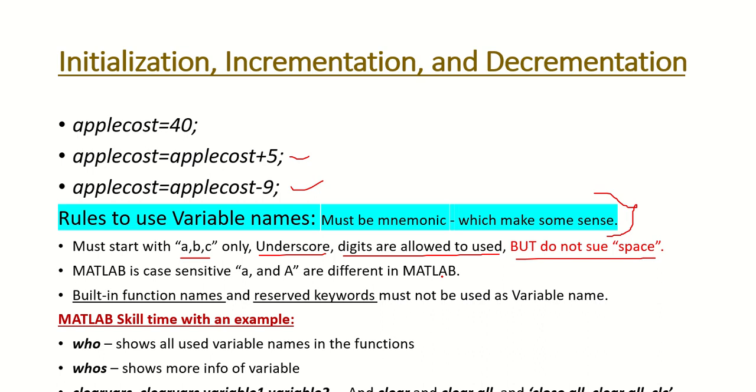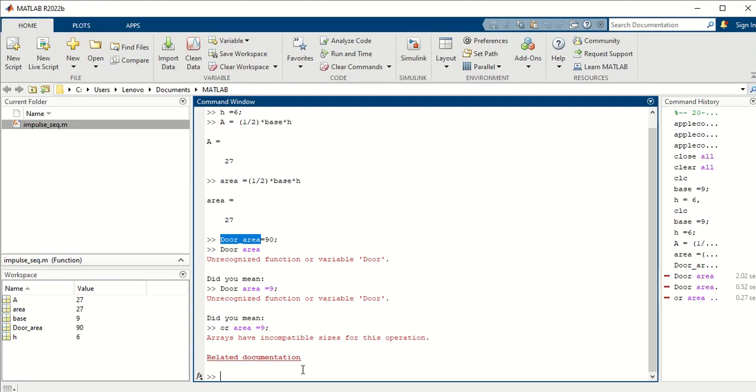And yeah, it is case sensitive, already I noted this. Built-in function names and reserved keywords. Yeah, earlier I said some are there, those are called reserved keywords. MATLAB should not use them as a variable name. Okay, we'll see some in that. For example, cos, cosine, or mm, ans should not be used.